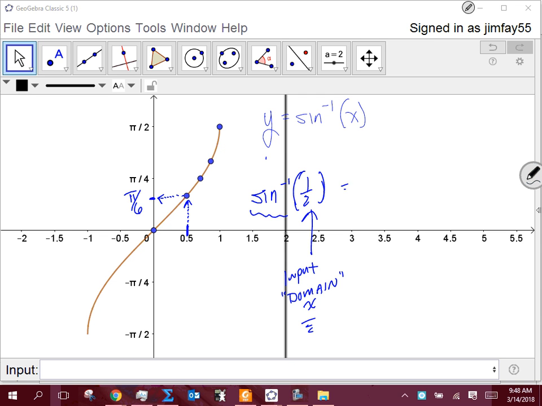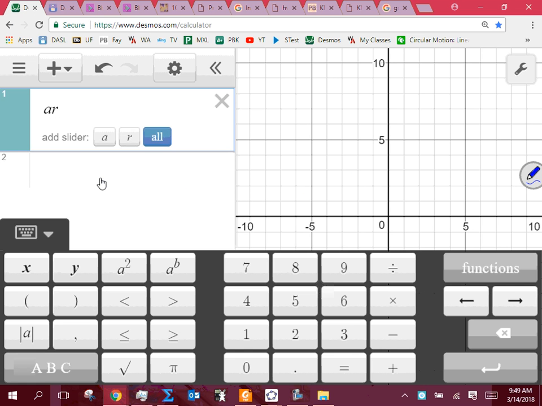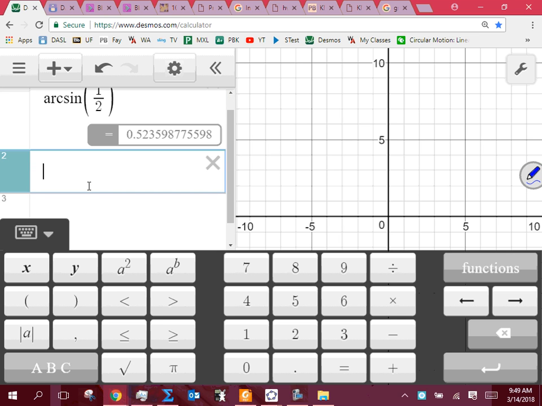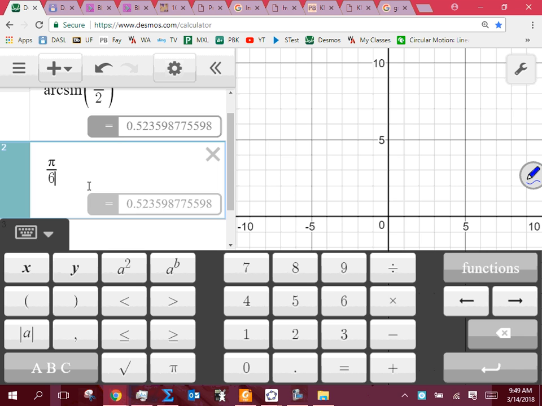Sine inverse of 1/2 is pi over 6. So using my calculator, arcsine of 1/2 is pi over 6. Convince yourself of that. Type in pi over 6, and it gives me that value. Does that make sense, everyone?